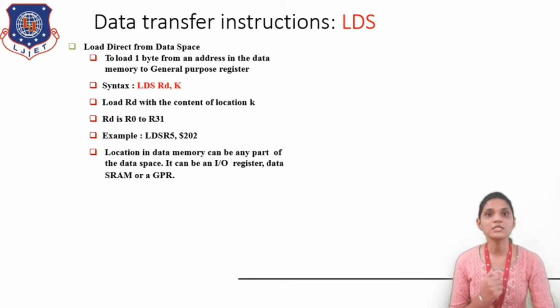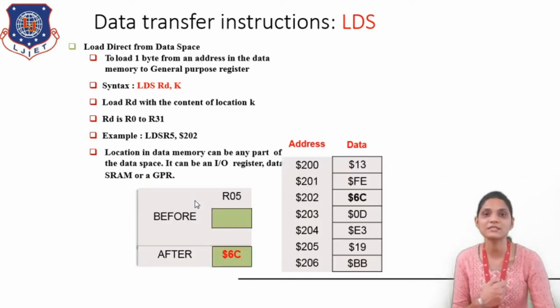And this location in the data memory can be any part in the data space. It can be in IO register, or it can be data SRAM, or it can be a general purpose register. So from data memory, a particular location you will provide in terms of K, and the data from that location is going to be stored inside the destination register.